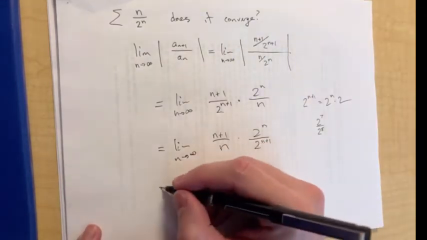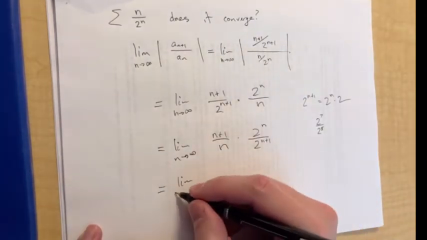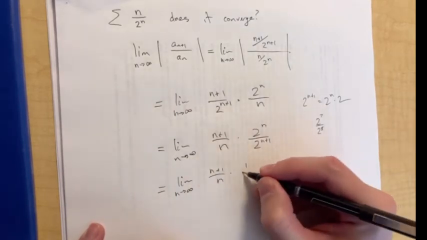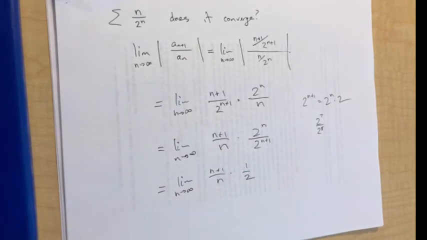So this is the limit as n goes to infinity of (n plus 1) over n times 1/2, right? Isn't that nice? Those exponential parts are the parts I start to worry about when thinking about the limit, but they totally cancel.